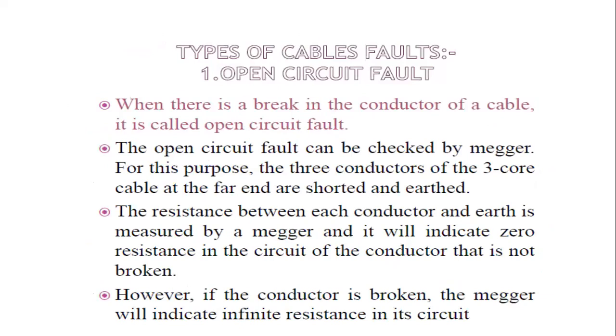Very rare faults are obtained in the case of underground cables, but these faults are very severe. These faults, open circuit, short circuit, and earth faults, are identified by using the Megger.